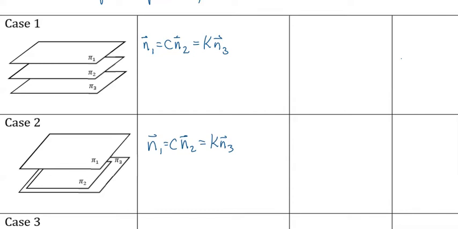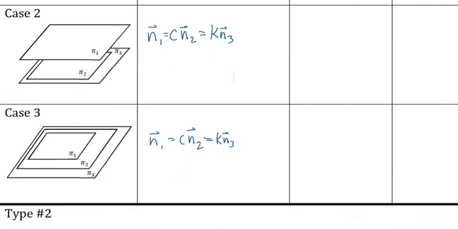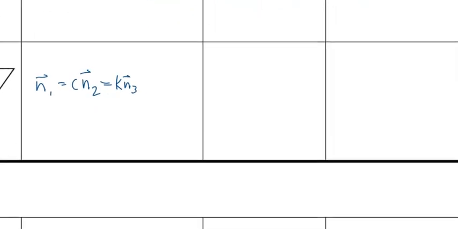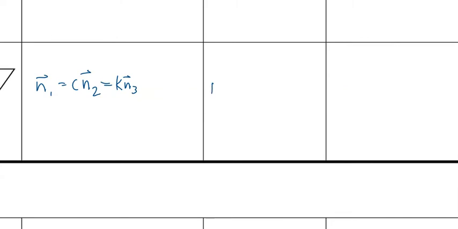I'm going to start with that one. If I'm in case 3, d1 is equal to c d2, and I used c, it's the same c. We will see examples of this. Unfortunately, we won't be able to do an example of every one of the 8 cases together as a class because they take too long.